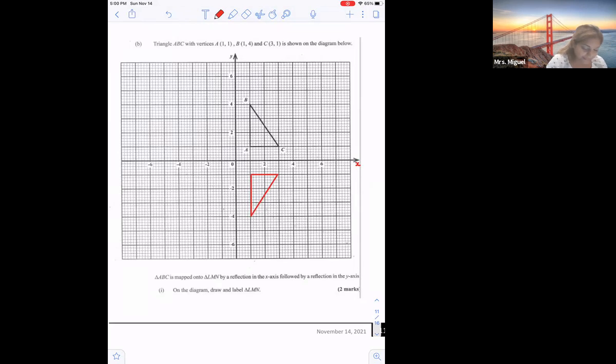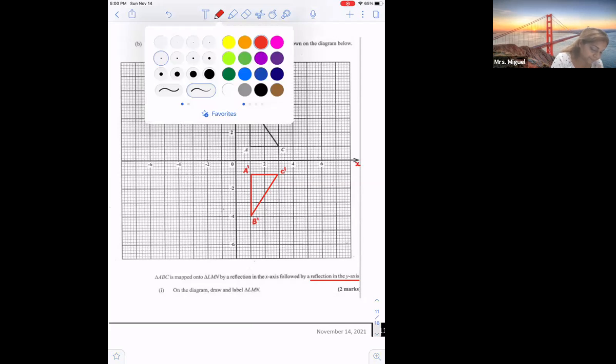Remember, the object and the image must be the same distance behind and in front of the mirror line. So this is my new object, A prime, C prime, B prime. So I reflected it in the X. The question also says that it is reflected in the Y. So I'm going to reflect it in the Y now.